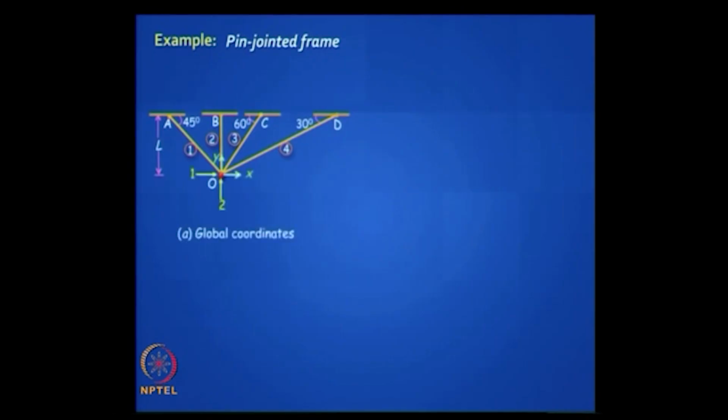If these are coordinates 1 and 2, right? 1 along the global X and 1 along the global Y. Then how many restrained degrees of freedom do you have? 4 sir. Why do you say 4? Because it is along the member force acts, so for each member only one, at A1, B1, C1, D1.